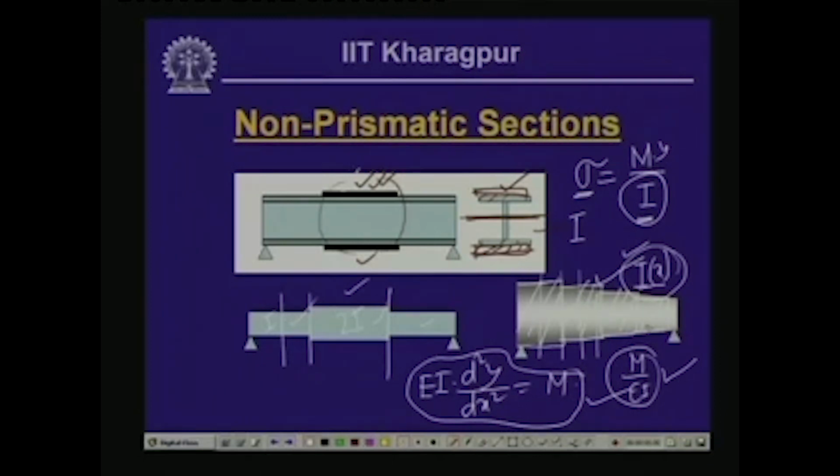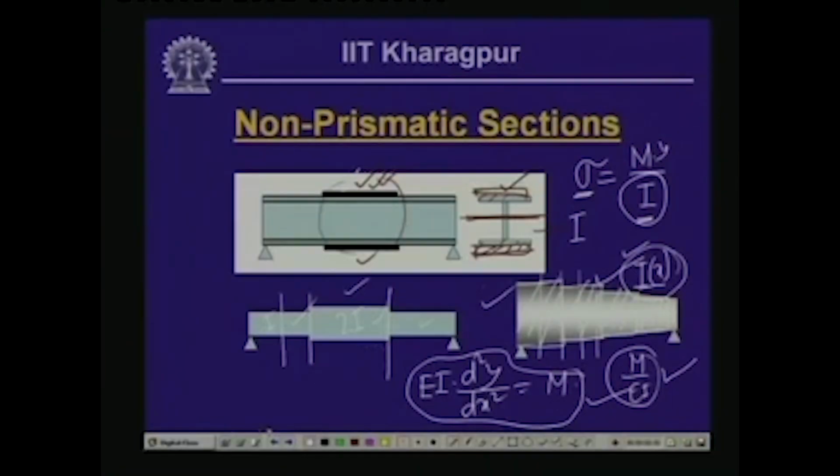Now, the slope and deflection which we evaluate for the entire beam is not going to be exactly the same as if we consider the moment of inertia as a function of x, but nevertheless we can accept this solution with reasonable accuracy for use in design practice.